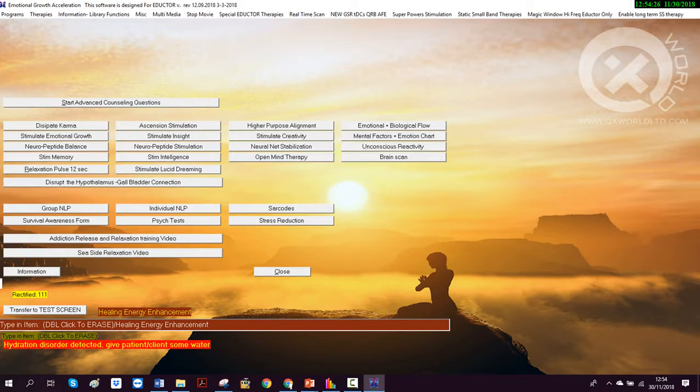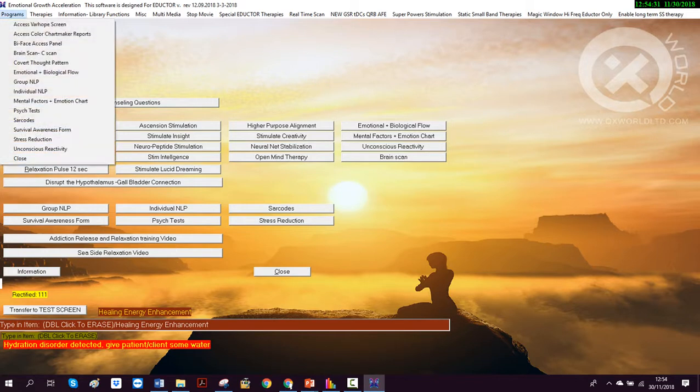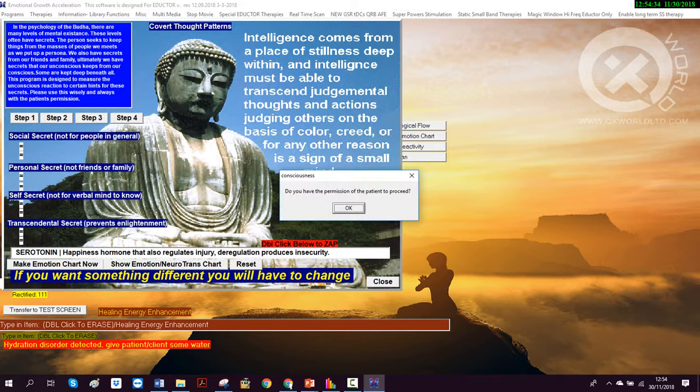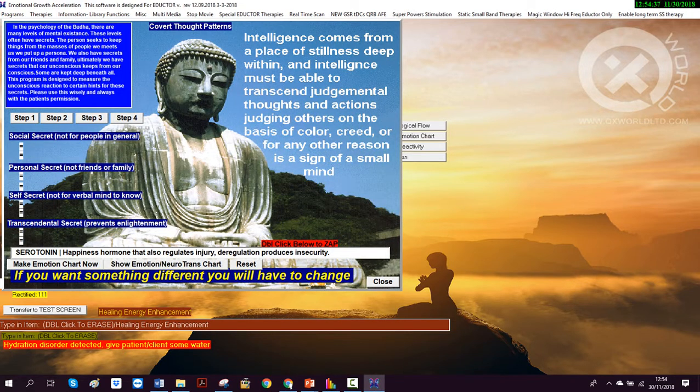Again, what we can do is we have another very interesting program here. Here we will not do it necessarily because we need to have the permission of the client. But here we can ask, what is a secret that he does not say to people in general, that he does not say to friends or family, that he himself will not say to himself aloud, the transcendental secret.